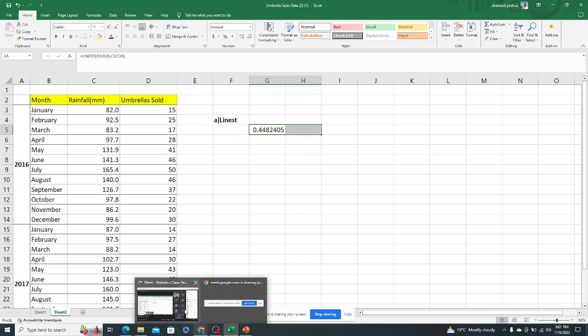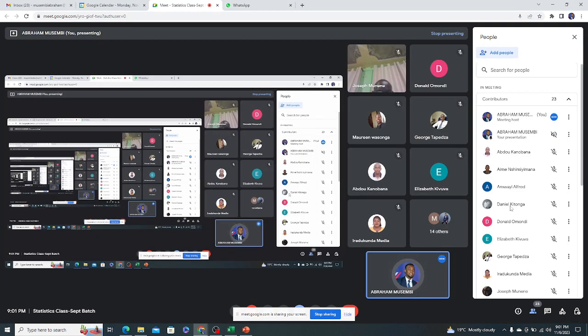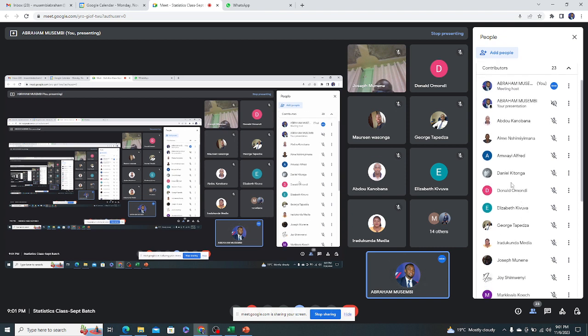Are you in a position to share your screen so that the others might see? Yes, let me try, I'm doing that right now. Okay, you can share your screen and I will guide you so that you may see the output which we are expecting to get.